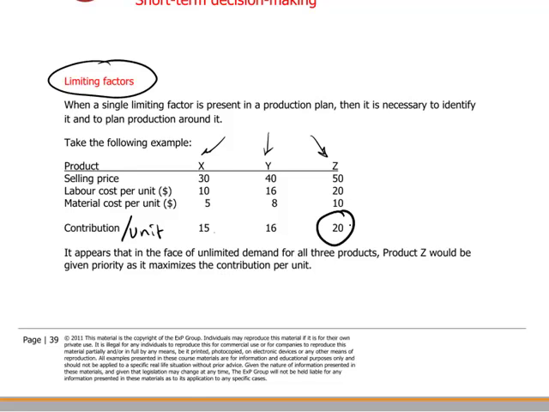It would appear that if we had no limiting factors whatsoever, we would be able to maximize our returns by focusing on just producing and selling as much Z as possible. So if we had unlimited demand for these products, Z is clearly the winner.